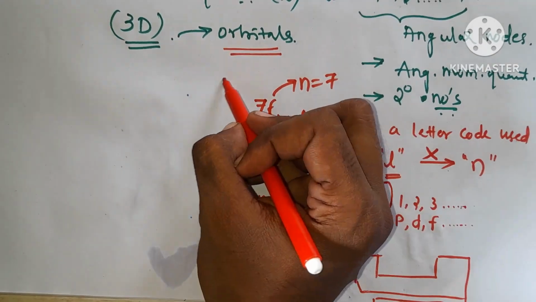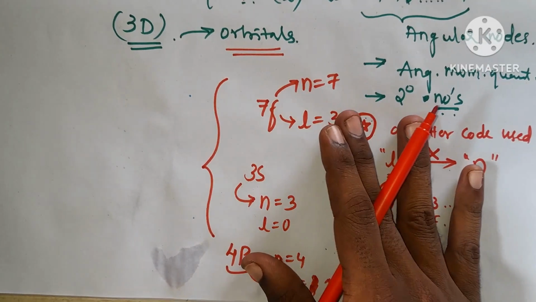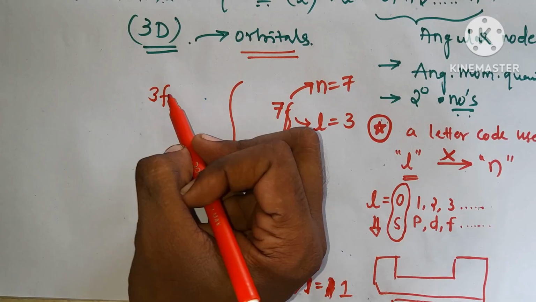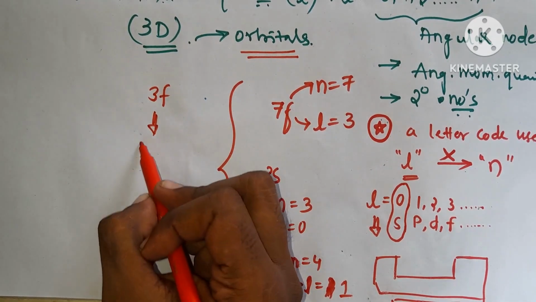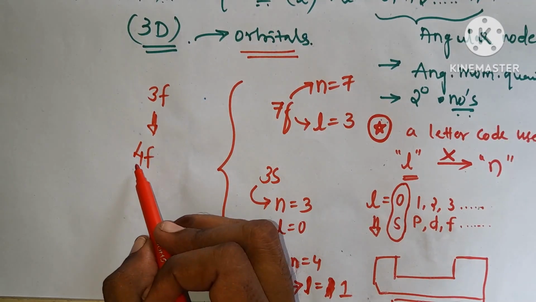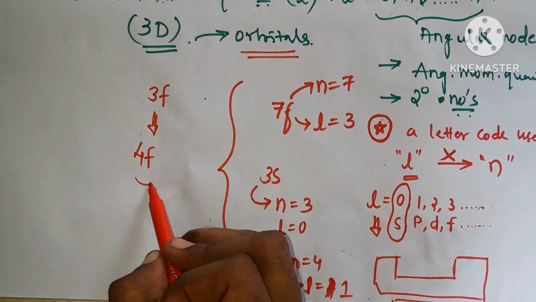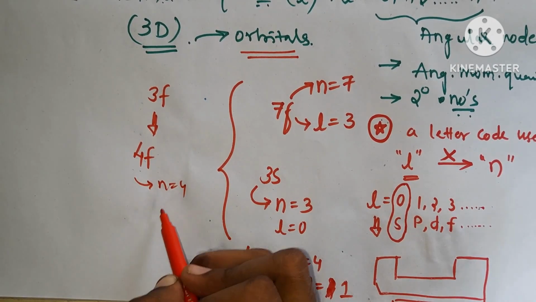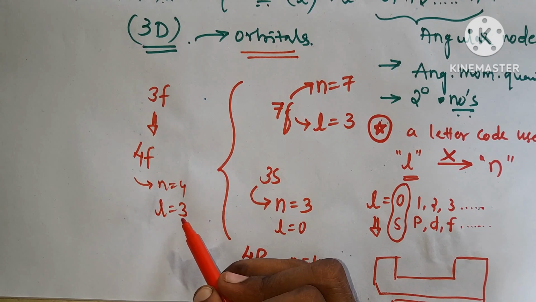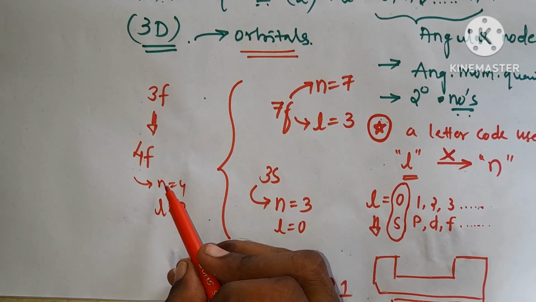So by this concept you can't find any 3f subshell, because the numbering starts only from 4f. For 4f, n is equal to 4 and f has L equal to 3, because the value of L is always at most 1 lesser than the value of n.